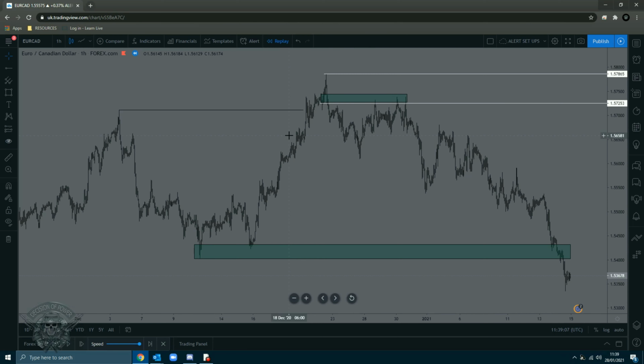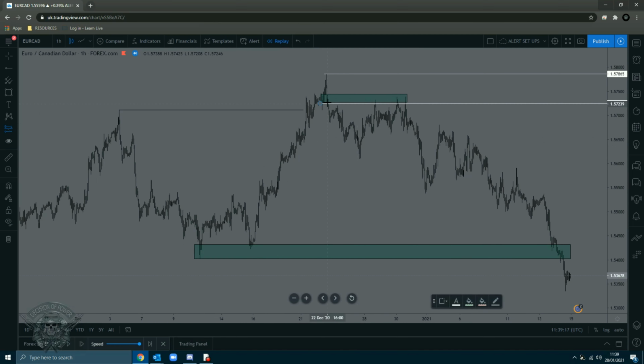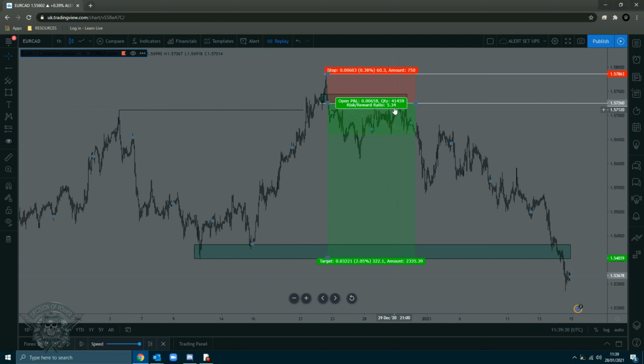But another thing you need to focus on is the risk to reward. Okay, so in this instance, if you took a short position based on that retest down, you had stop loss above here, okay, and then you took this position down here to take out the stops below the lows. Okay, so you got a 5.34 to 1 there.